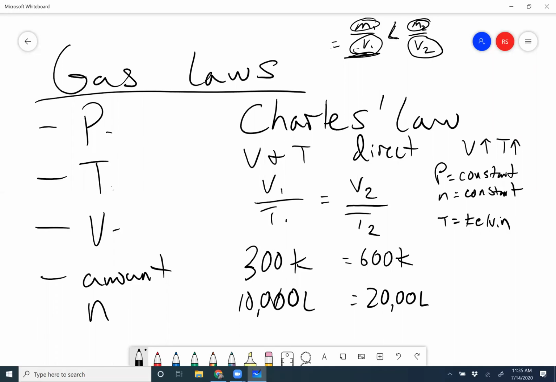But look what that's going to do to our density. Our mass is going to stay the same, so we can just call that mass. But our original volume was 10,000 liters, and our new volume is 20,000 liters. So you notice our density is going to be cut in half. And because the density of the air inside the balloon is half of the density of the air outside, the balloon can float. Pretty cool.